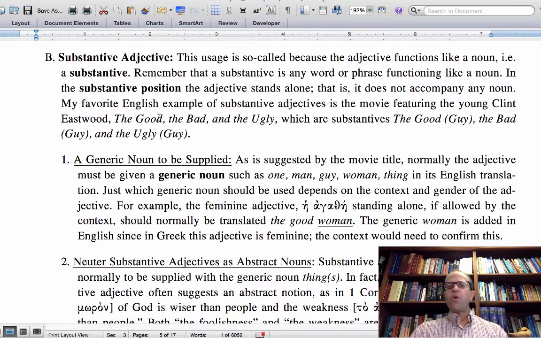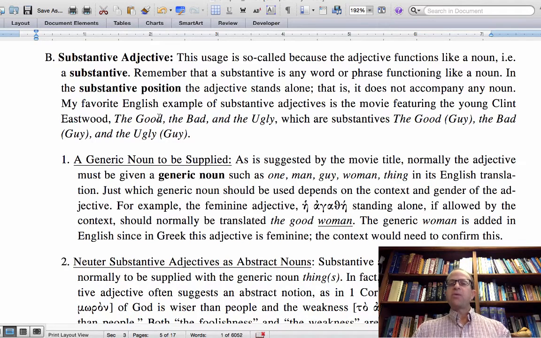When they're forming a noun, it's called a substantive use. The word substantive is a grammatical word that means something that acts like a noun. So nouns are substantives, but other parts of speech may function like nouns. Adjectives can stand alone to function like nouns.